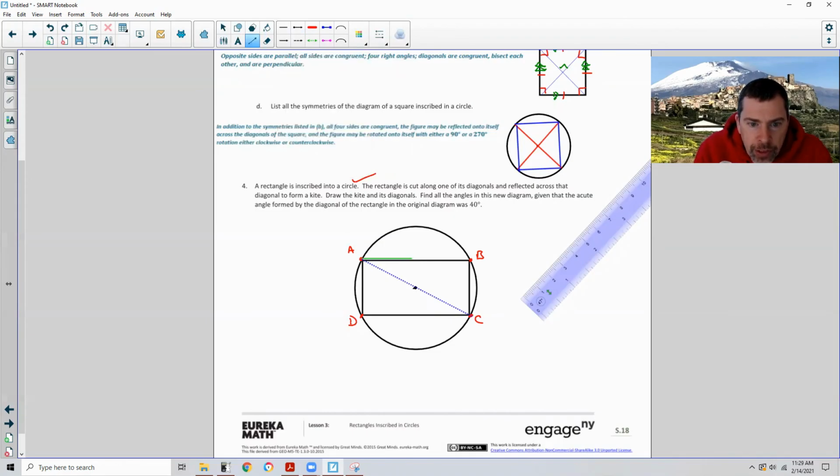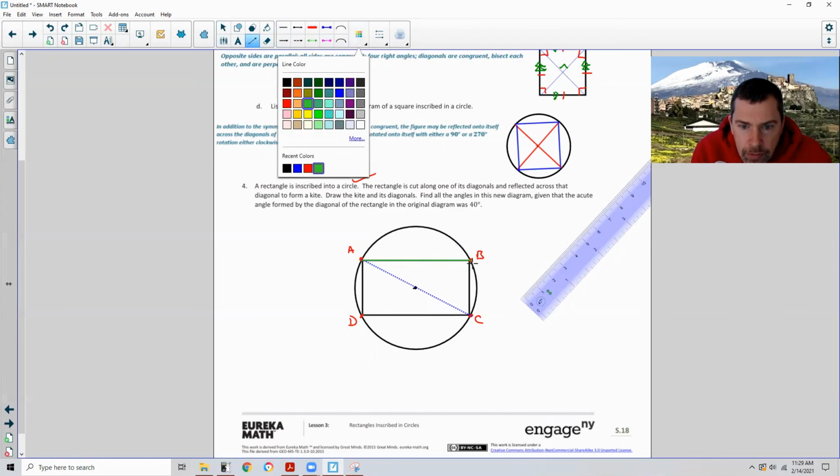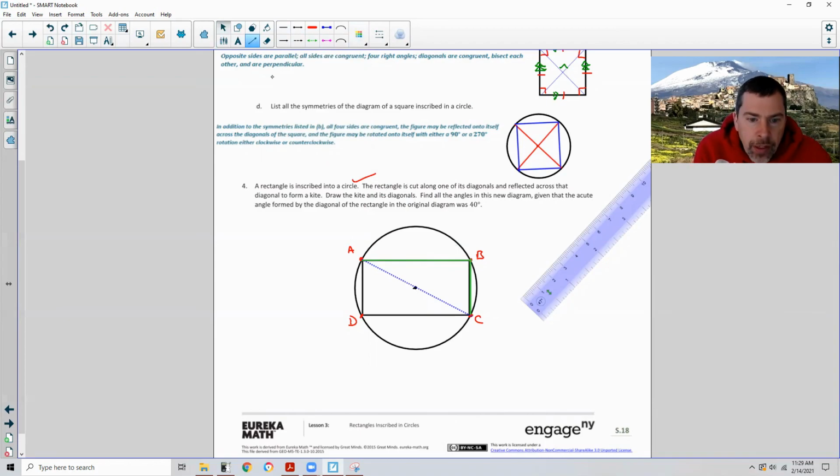And I'm going to draw it from here to B. And I'm just tracing this because I'm going to get rid of my rectangle in a minute. Okay, and then do it again from here down to there. And then I'm going to delete my rectangle. So there's my half rectangle. And what they're saying to do is reflect this across the diameter or the diagonal of the rectangle, and it will form a kite.